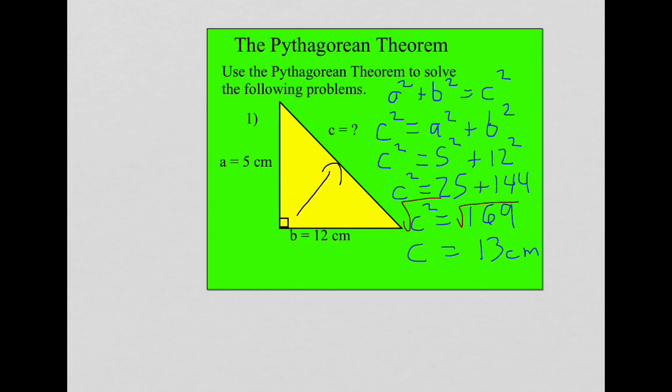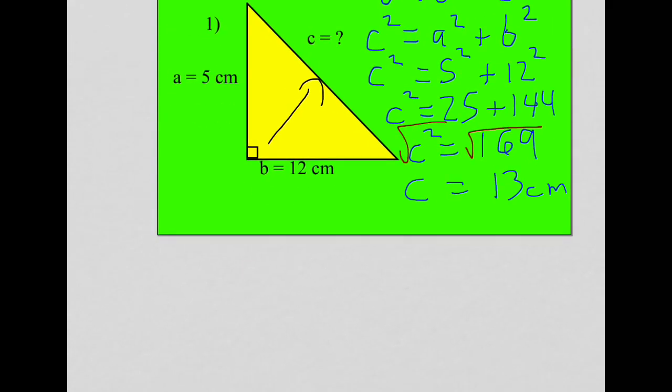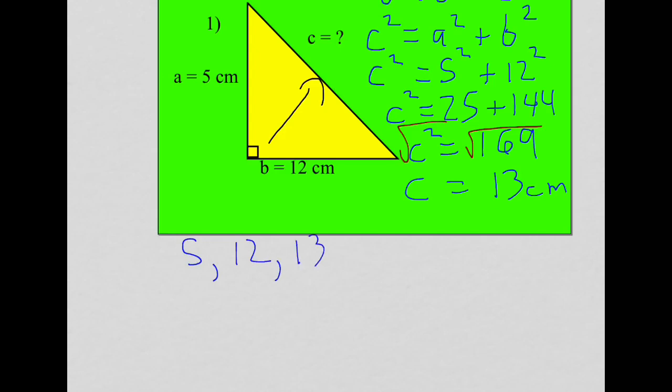Now when we have a triangle, and it's always a right triangle, that has side 5, side 12, and side 13, those three sides follow the Pythagorean theorem, so we call that a Pythagorean triple.